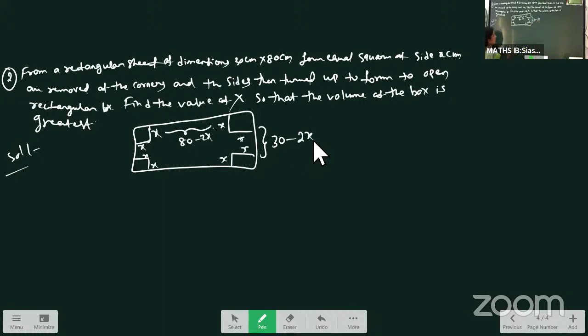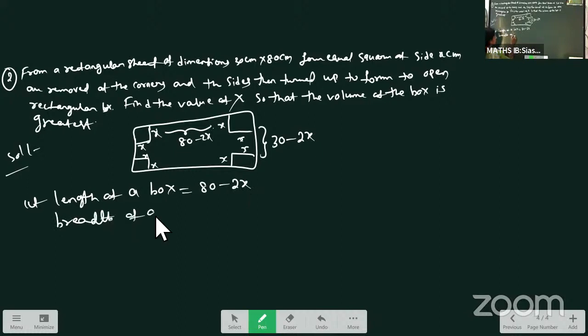So the length of the rectangular box is 80 minus 2x, and the breadth of the box is 30 minus 2x. And height is equal to x.